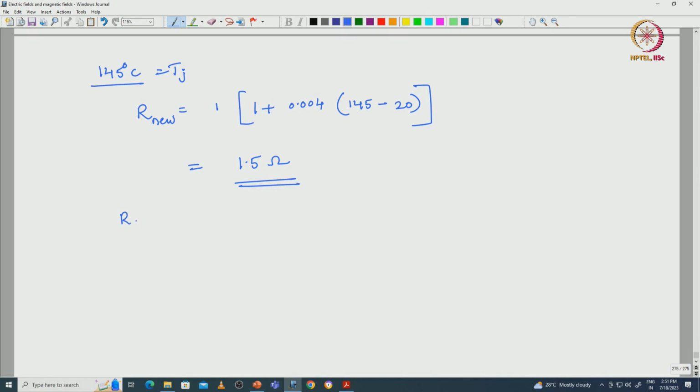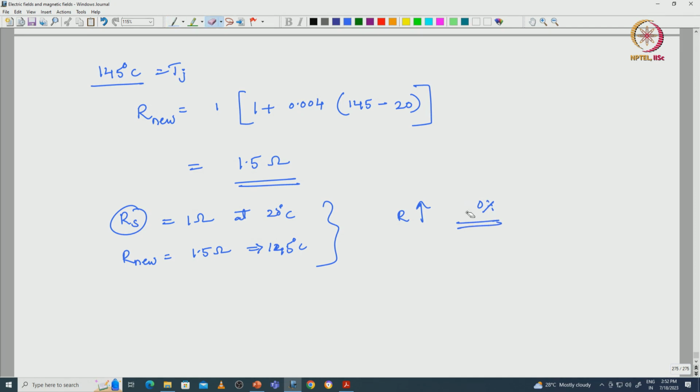So with respect to Rs, that is 1 ohm at 20 degrees Celsius, and R_new, if you are operating the windings at 145 degrees Celsius, it is 1.5 ohm. From these two numbers we can conclude that the resistance is increased by 50% if we operate the windings at 145 degrees Celsius.